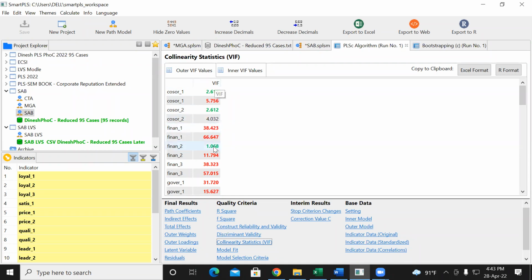Variance inflation factor, usually we say less than 5 should be acceptable. But you can see a lot of variables here, like indicators like finance 1, finance 2, those are having a huge level of VIF. Therefore, remember, when you are trying to run a model, sometimes bootstrapping might not work when you are having VIF values, very large values.